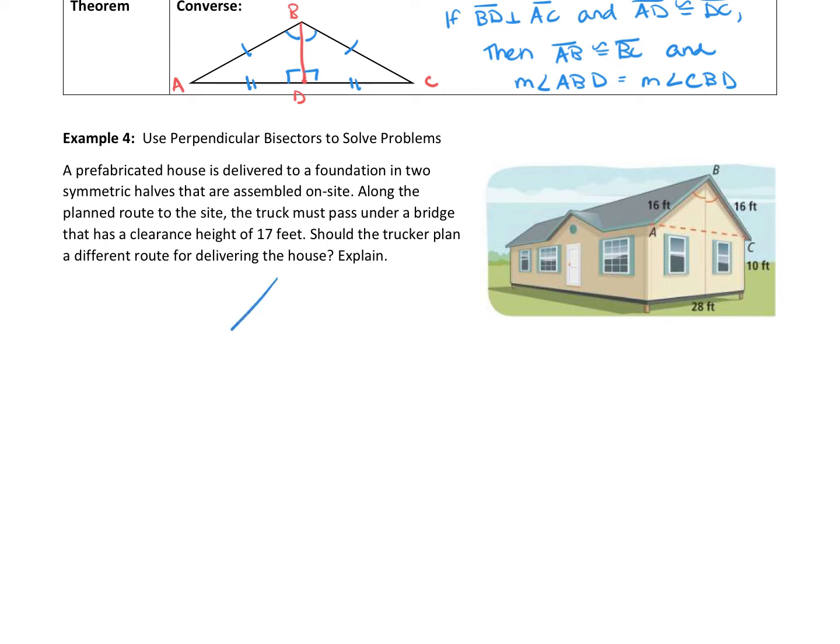So let's go ahead and recreate that roof. We're going to redraw our picture so we could just focus on this part. Let's go ahead and just label. Oh, it is labeled. Just kidding. They told us this is point A, point B, point C. So I want to point out that they've got this vertical line because that is where this prefabricated house is cut in half.